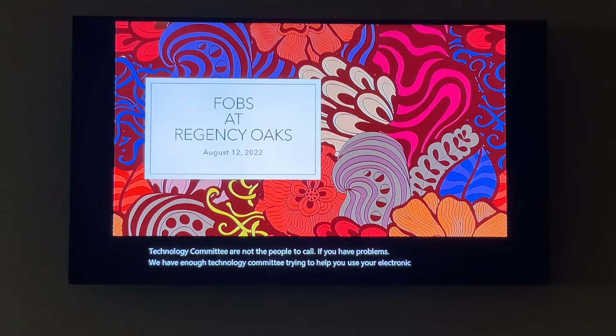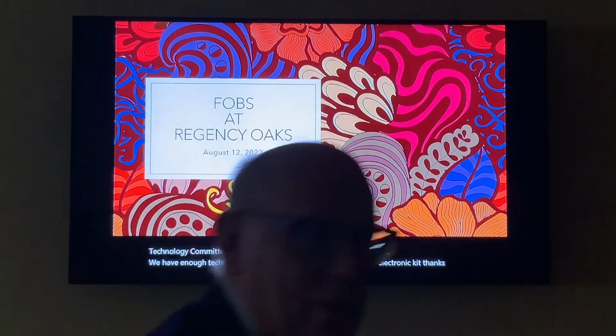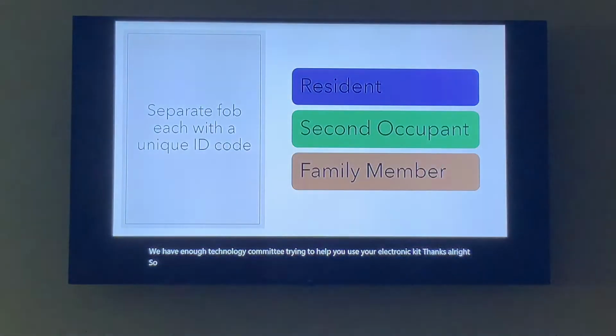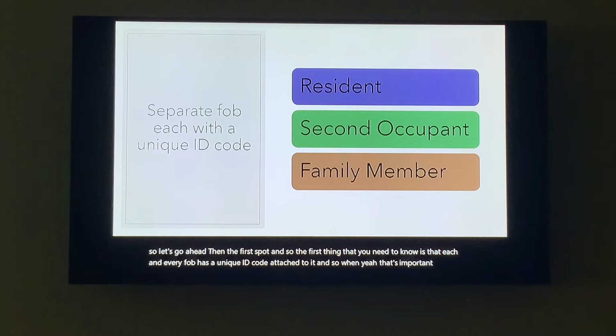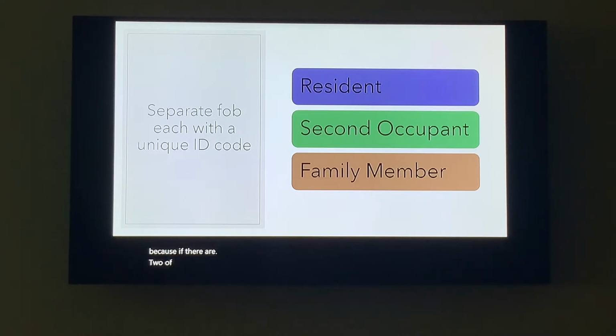Thanks. All right. So let's go ahead and the first slide. The first thing that you need to know is that each and every FOB has a unique ID code attached to it. That's important because if there are two of you in an apartment, each of you will have a different FOB.